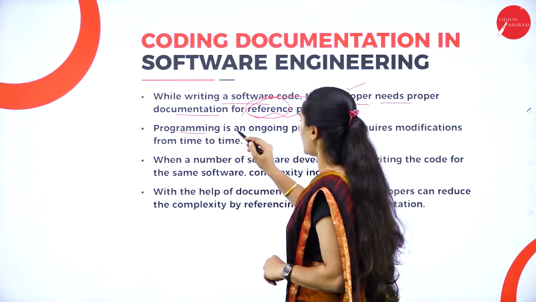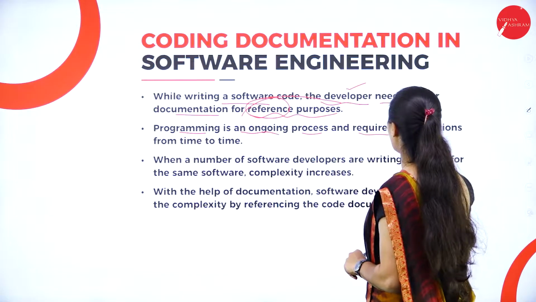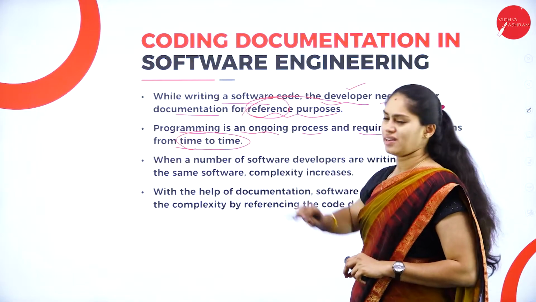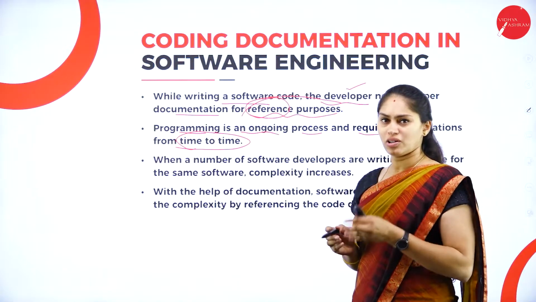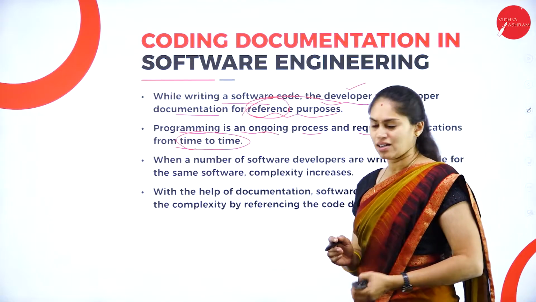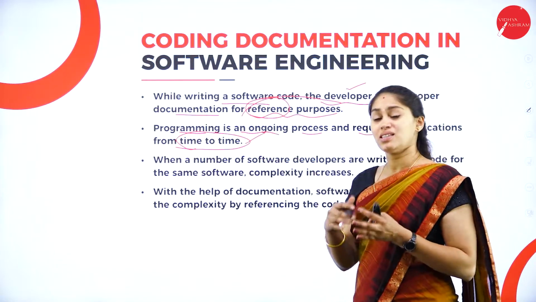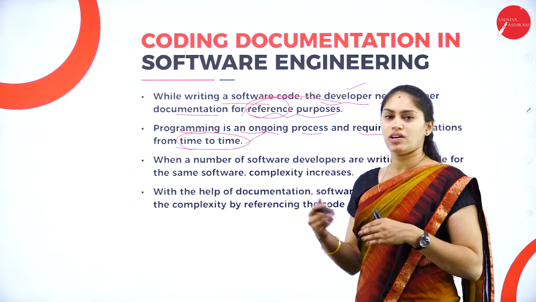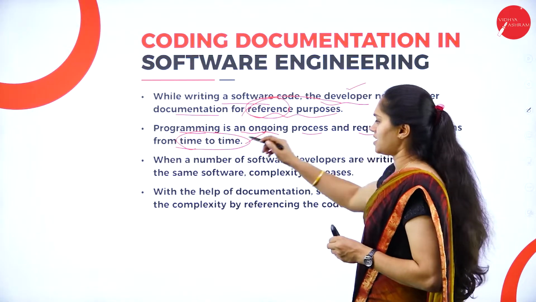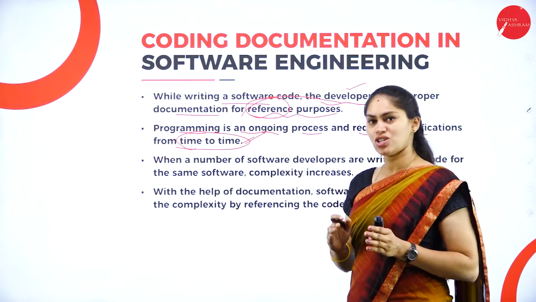Programming is an ongoing process and requires modification from time to time. If we don't have code documentation, we couldn't understand how to change it or what modification is required. If we don't know the problem, we can't solve it. So it is necessary to have proper documentation to do modifications from time to time.